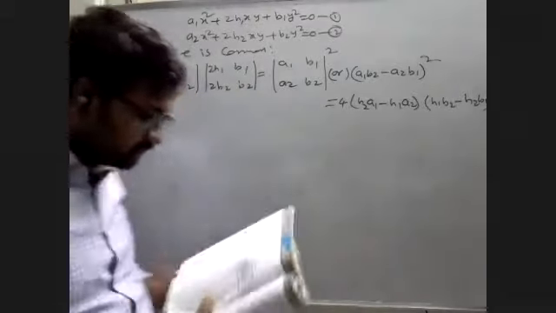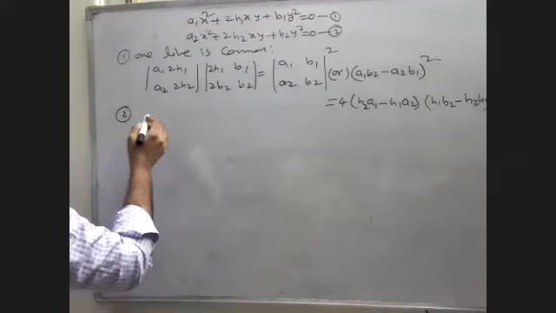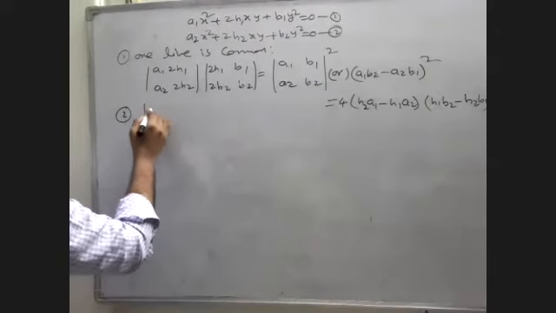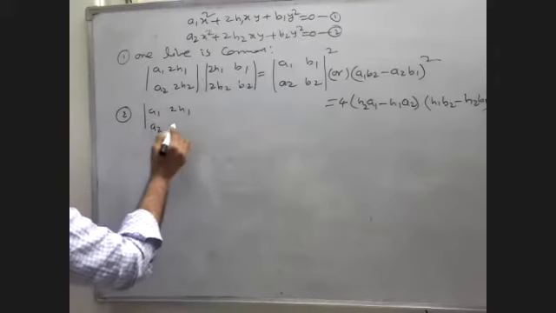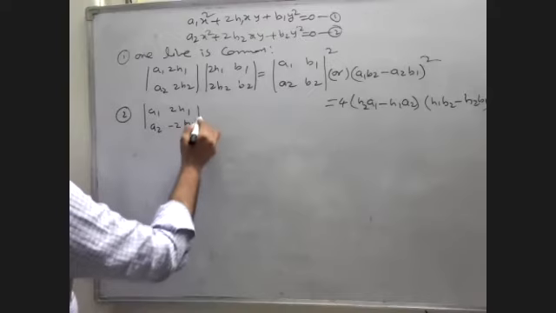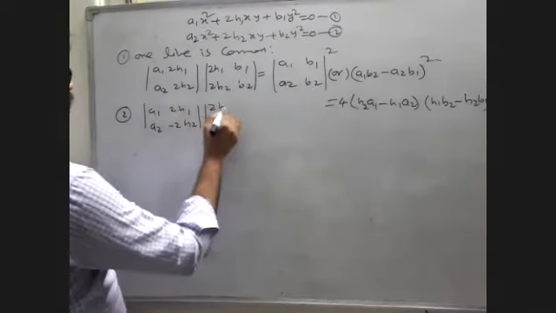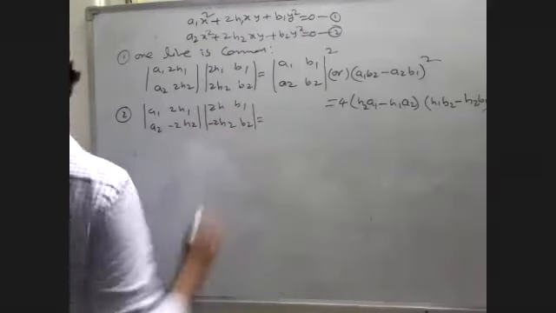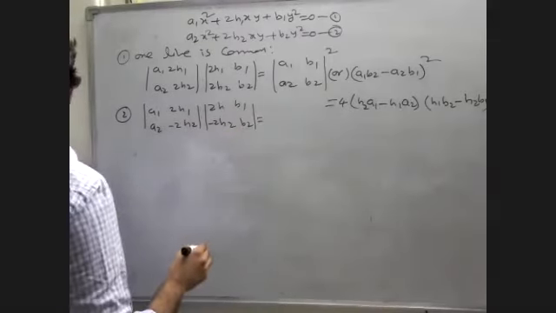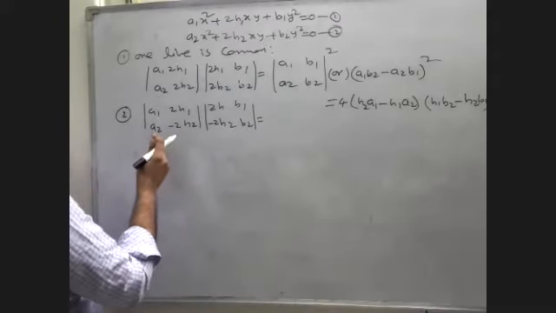Then the condition is mod of (A1 minus 2H1) into (A2 minus 2H2) into (2H1B1 minus 2H2B2) is equal to A1B2. Oh sorry, this is not like that.